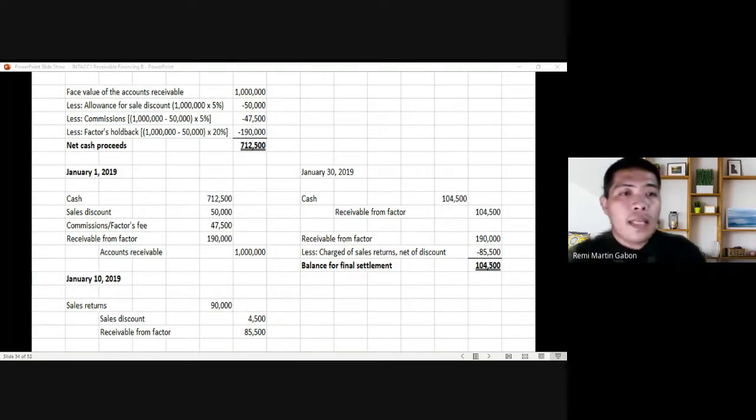Now there is a question. Sir, what if the return was made beyond the discount period? Do we still deduct a corresponding sales discount before crediting receivable from factor? Or will the receivable from factor be credited net of the corresponding sales discount? Yes or no?